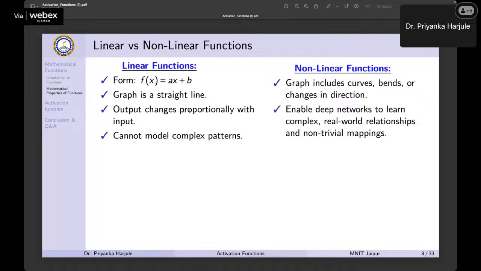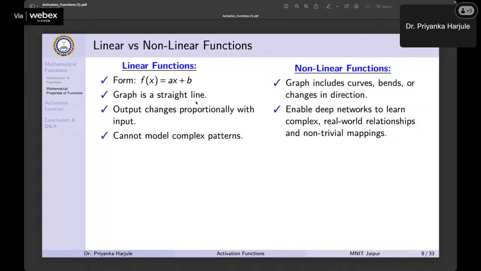So in linear functions, the rate of change, the slope, is constant, and output changes proportionally with the input, but it cannot capture complex patterns. Okay. Whereas in the non-linear function, the graph includes curves and bends and direction changes. The slope is not constant here, it varies with the input.